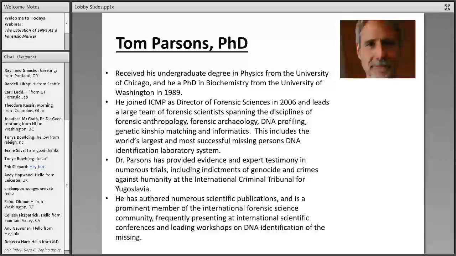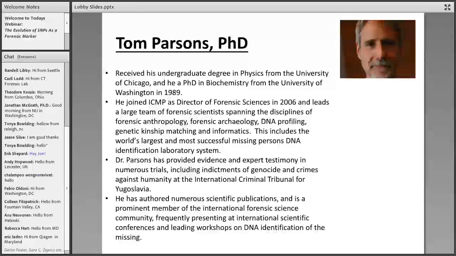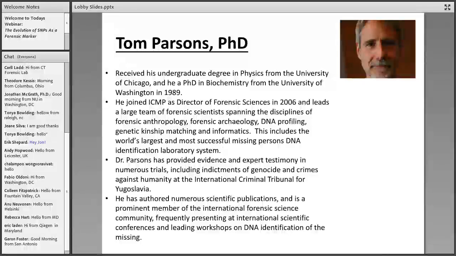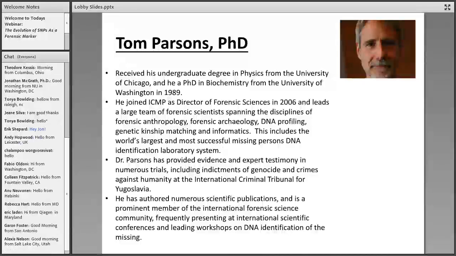Our third presenter for today is Dr. Tom Parsons. Dr. Tom Parsons received his undergraduate degree in physics from the University of Chicago and then his PhD in biochemistry from the University of Washington in 1989. He joined ICMP as Director of Forensic Sciences in 2006 and leads a large team of forensic scientists spanning the disciplines of forensic anthropology, forensic archaeology, DNA profiling, genetic kinship matching, and informatics.